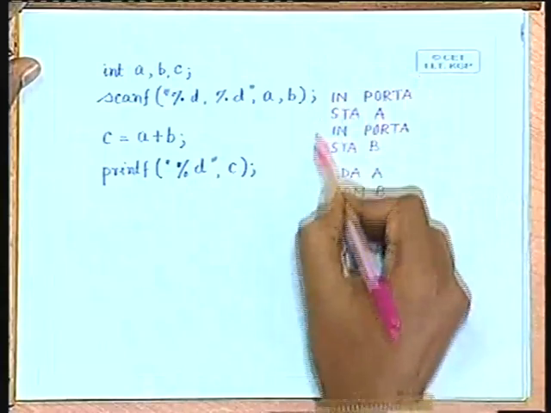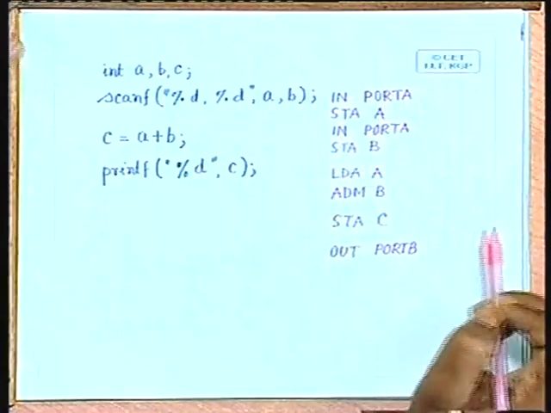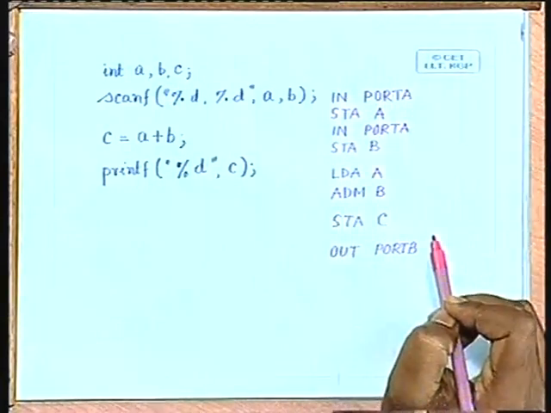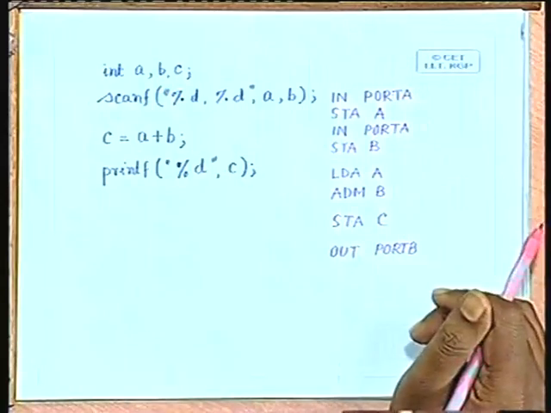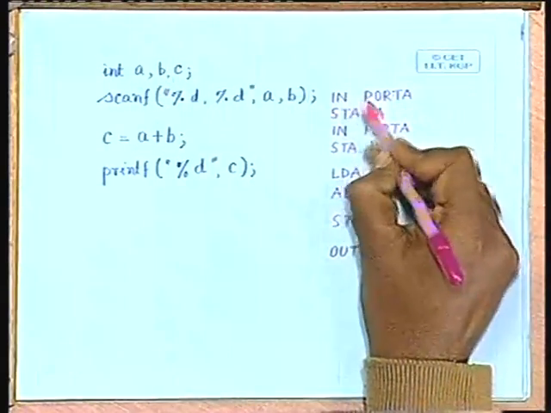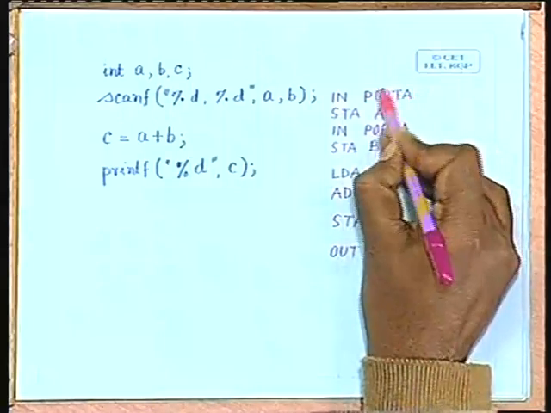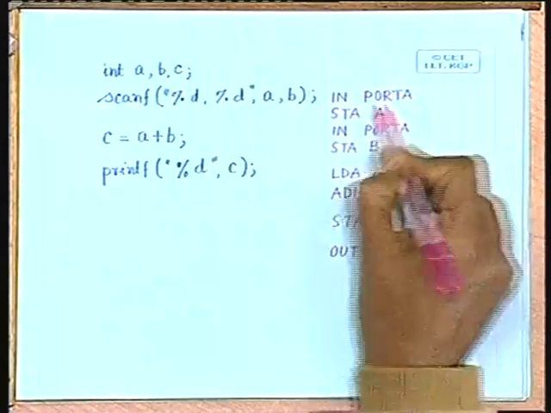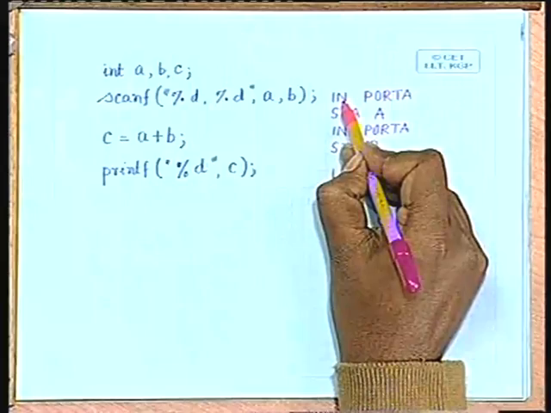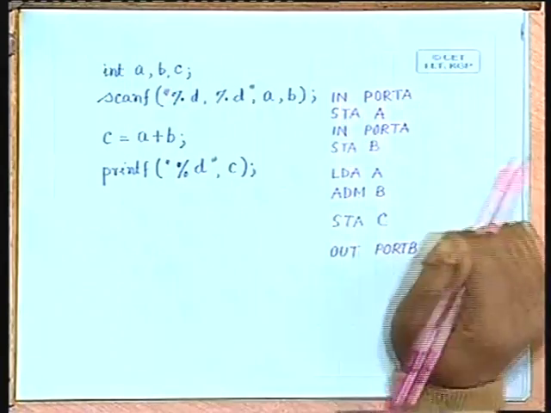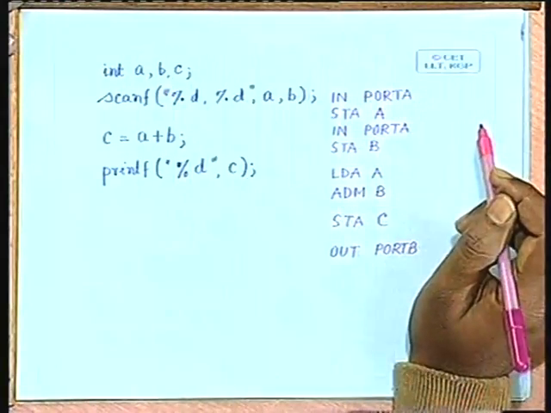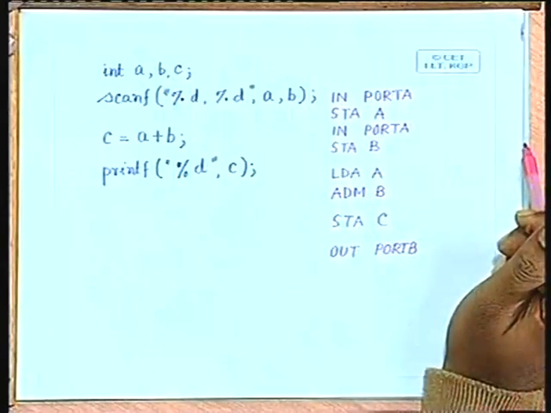So, this simple set of instructions in assembly language tells you what may be the resources which are necessary in the CPU of a computer, or in the computer system as a whole. From this you find that for this in operation, the data is read from port A and saved in the accumulator. That means the CPU of the computer must have a register called an accumulator.